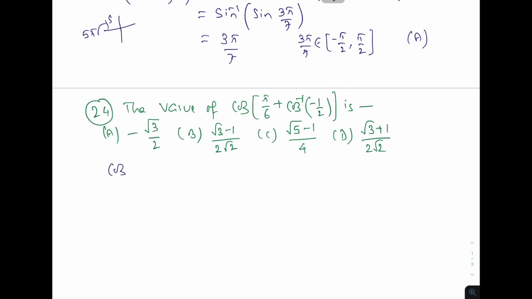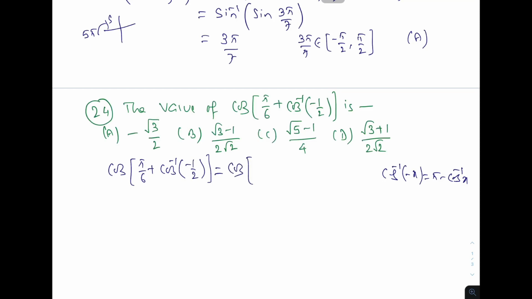It is cosine of pi by 6 plus cosine inverse minus 1 by 2. Now cosine inverse minus x is pi minus cosine inverse x.